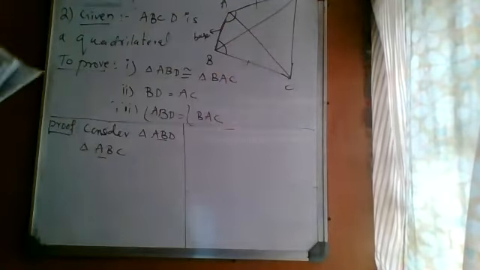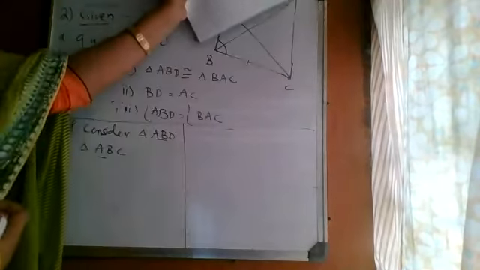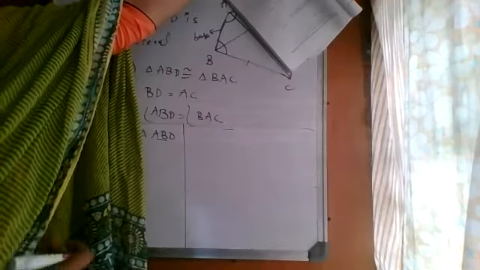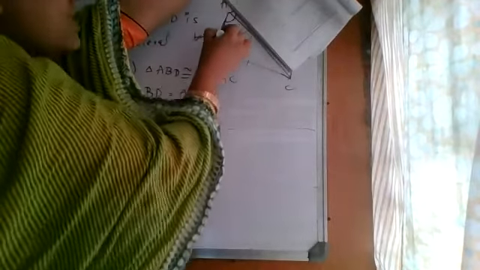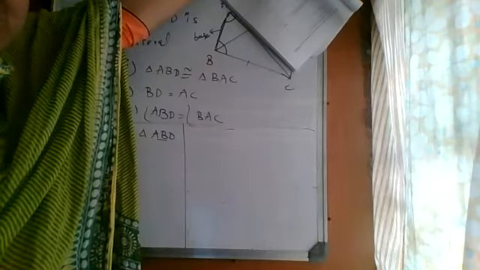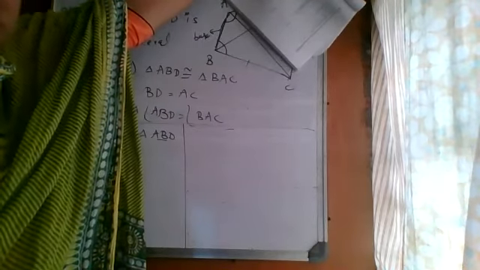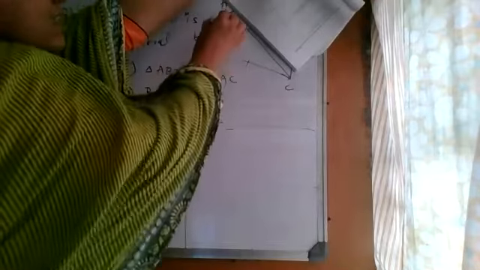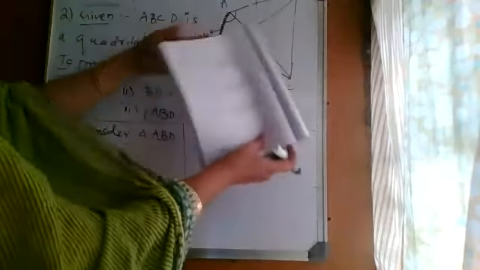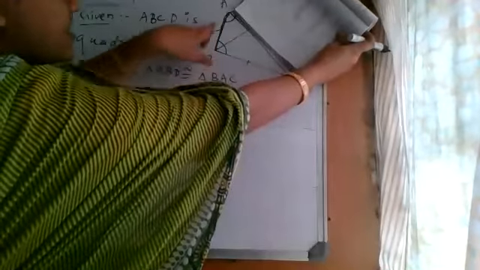See, imagine for a while, this is the base for this triangle. This is the base for this triangle. Is that clear? See properly, all of you, please see here. Once again, I am teaching. This is the base for this triangle, and this is the base for this triangle.